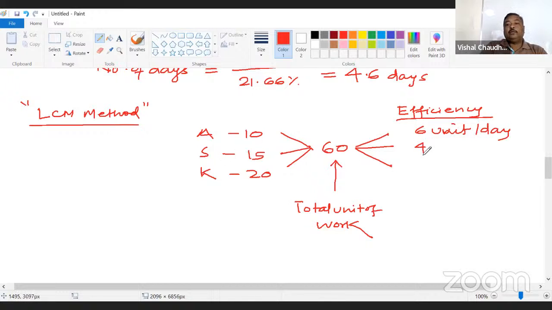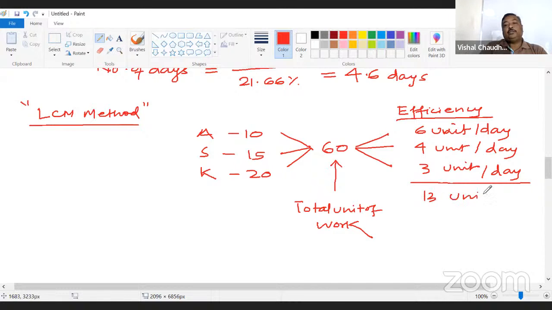Sandhya can do 4 unit per day, and Kelvin can do 3 unit per day. How do we get it? 60 by 10, 6; 60 by 15, 4; 60 by 20, 3. So they are going to do it combined together. So 6, 4, 10 and 3, 13 unit per day.